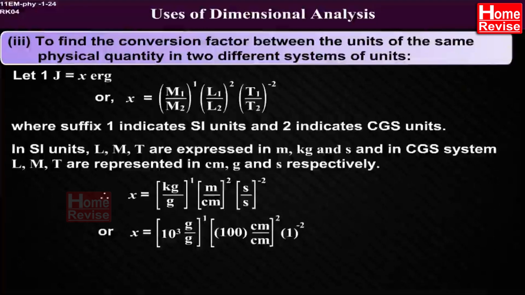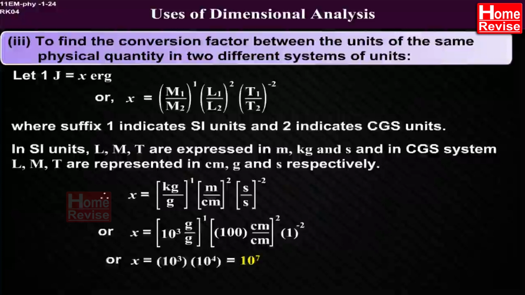Or x is equal to (10^3 gram upon gram)^1 into (100 centimeter upon centimeter)^2 into 1^(-2). Therefore, x is equal to 10^3 into 10^4, which equals 10^7. Therefore, 1 joule is equal to 10^7 erg.